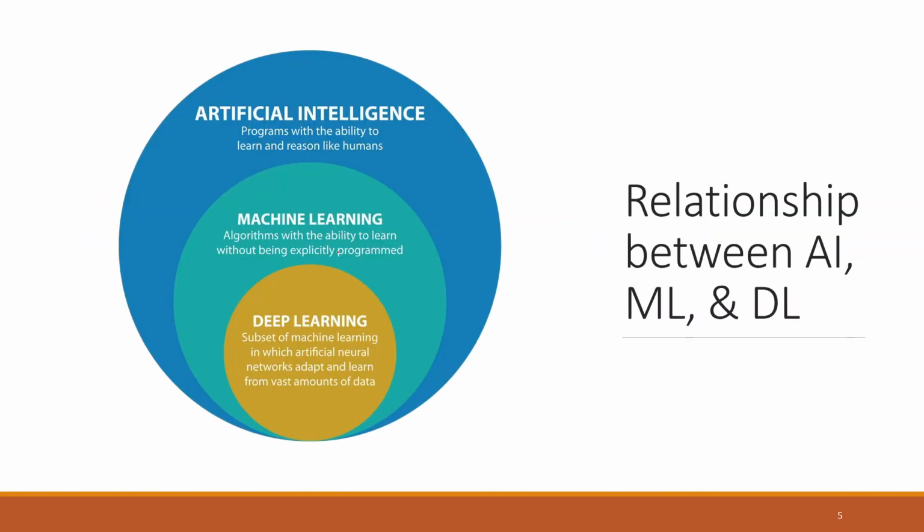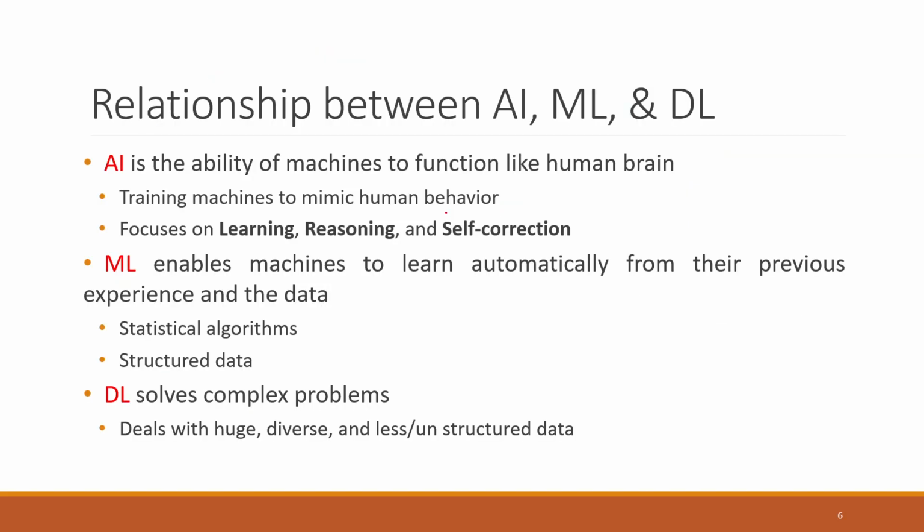We also discussed these three definitions in part 1. Basically, AI is the ability of machines to function like the human brain, so that they can mimic human behavior, and the focus of AI is on learning, reasoning, and self-correction based on the provided input. Machine learning enables machines to learn automatically from their previous experience on the data.